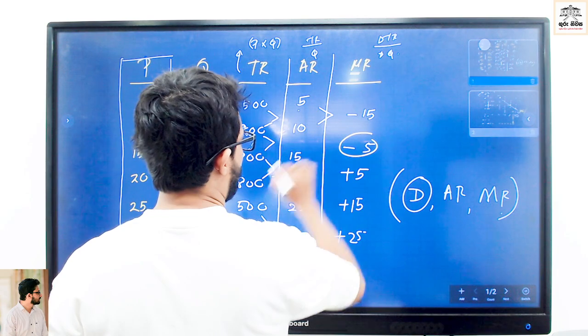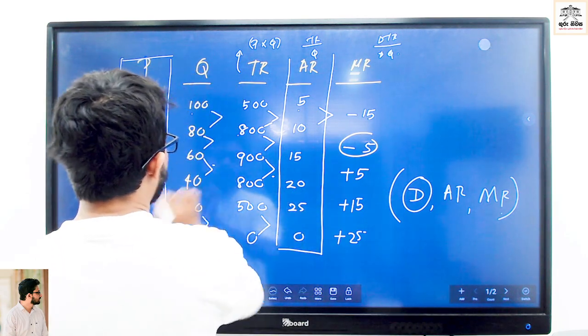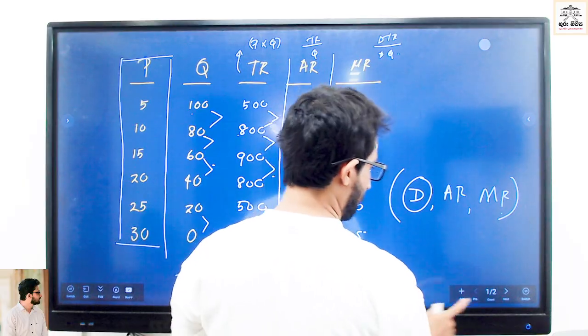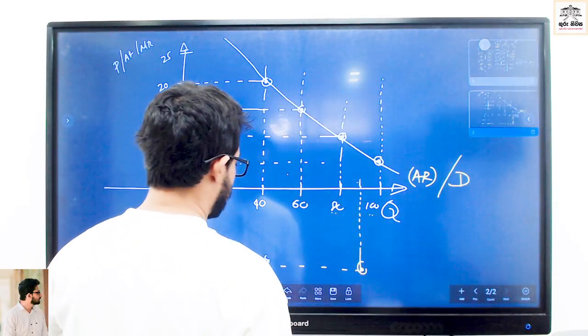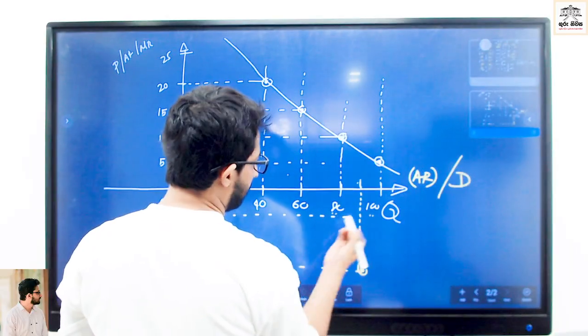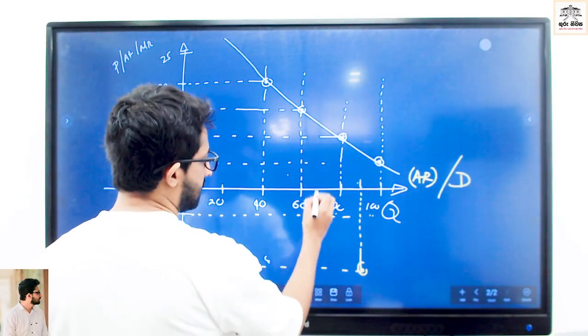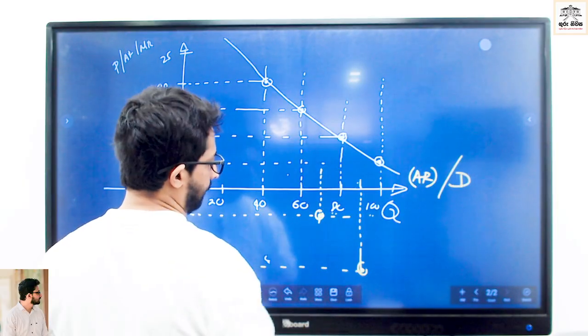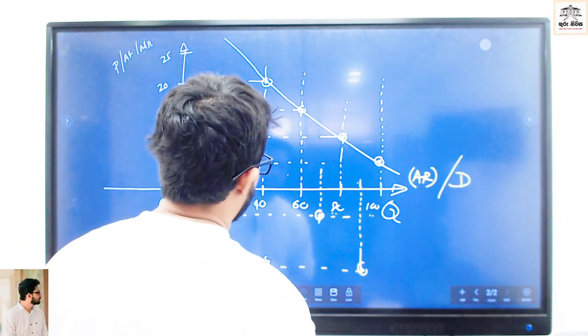Second one, what is the second point? Marginal revenue is minus 5 in between 80 and 60. Simple. Marginal revenue is minus 5 in between 60 and 80, middle point here. Okay, Lamai.